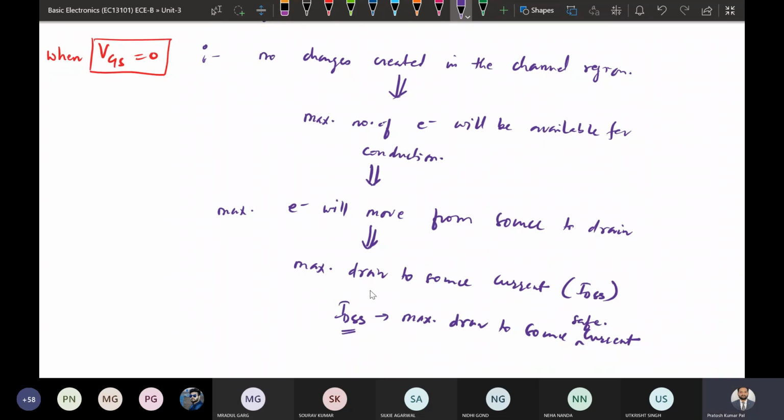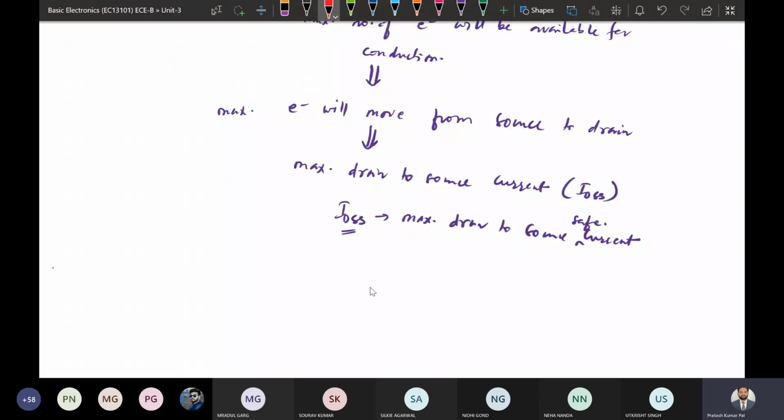Next, we need to increase the gate to source voltage in the negative direction. So next is when VGS is applied in the negative direction. Here the gate to source voltage is negative, so the gate is given a negative voltage. As we are applying the negative voltage, positive charges will be created in the channel region.